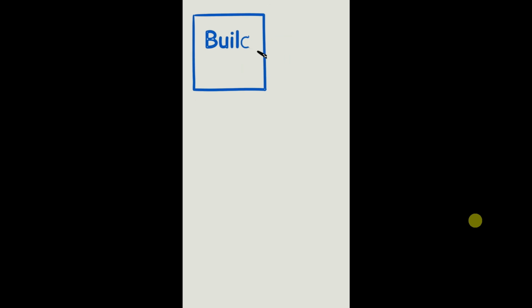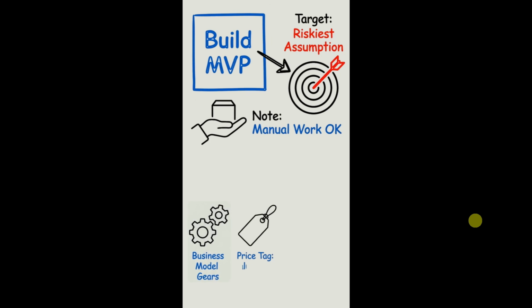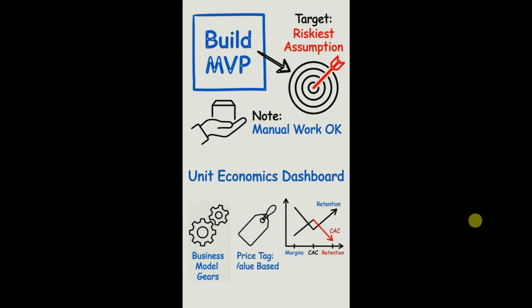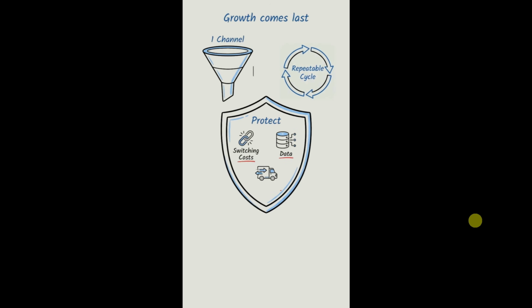Only then build an MVP that proves the riskiest assumption, even if the work is manual. Choose a business model and price based on value, and watch unit economics from day one: margins, acquisition cost, and retention. Growth comes last. Pick one acquisition channel, make it repeatable, and protect what works with switching costs.